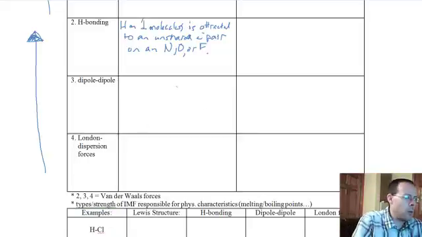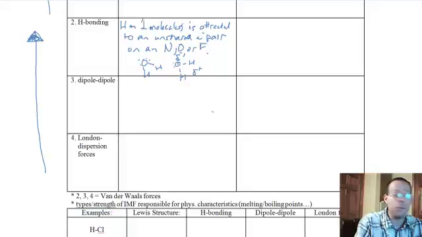So if we were just to draw a couple of waters, they are our best example of this. We've got O, and our water's bent, and we have a couple of electron pairs here, and we have another water over here. On our O, we have a really strong partial negative. On our H's side, we have a really strong partial positive.